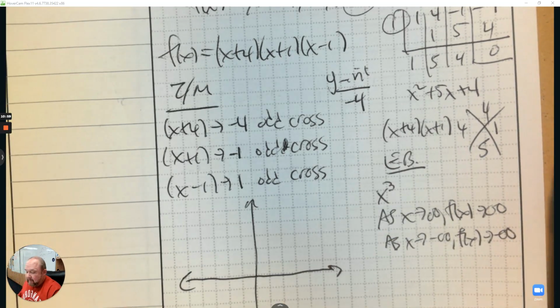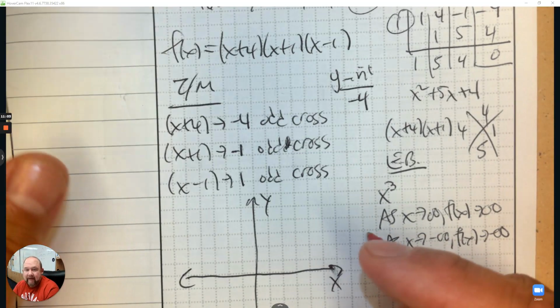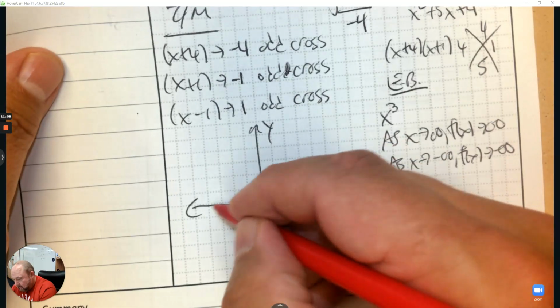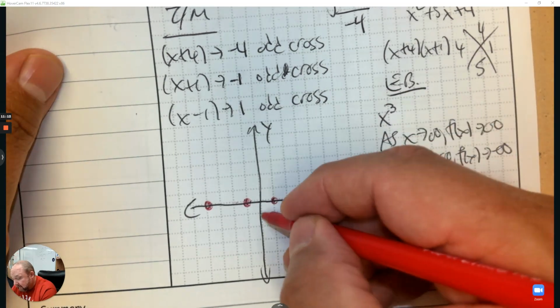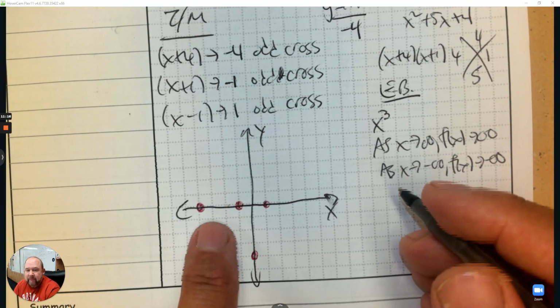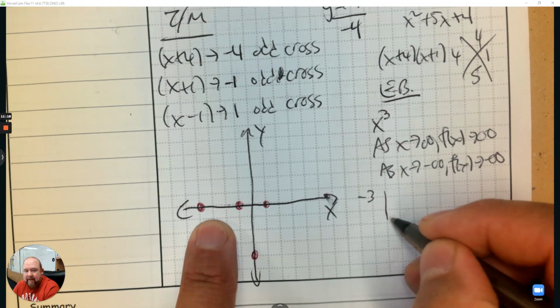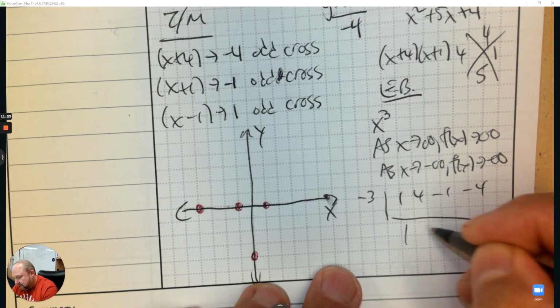So the first thing I do on my graph is find the zeros and put them on the x-axis. So it's at -4, -1. There's -4, there's -1, there's +1. The y-intercept's at -4. And then we have empty points at -3 and -2. So at -3, I'm going to evaluate what that is.